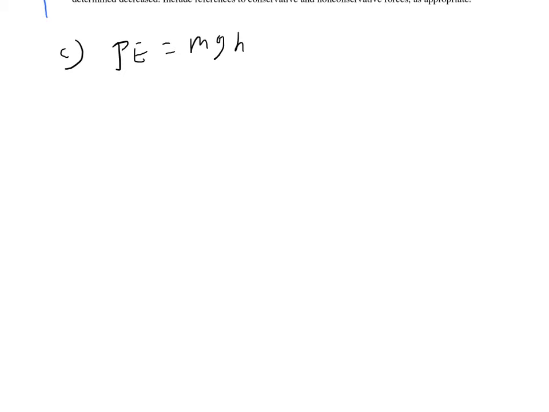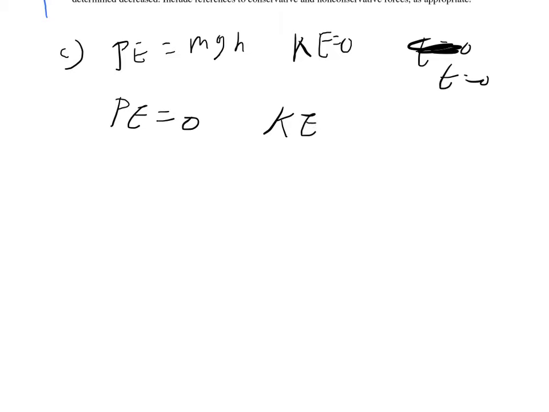And in the beginning, kinetic energy is going to be 0 because it's not moving. And at the end, potential energy is going to be 0 because it comes all the way down, and kinetic energy will be half mv squared.